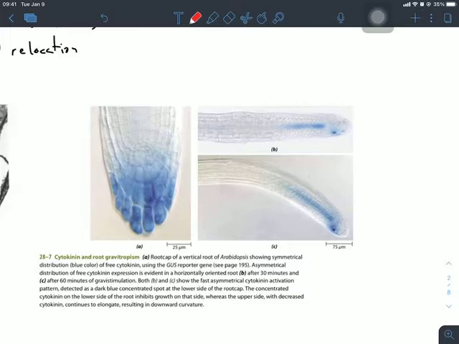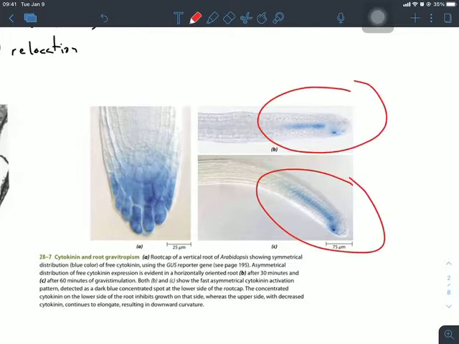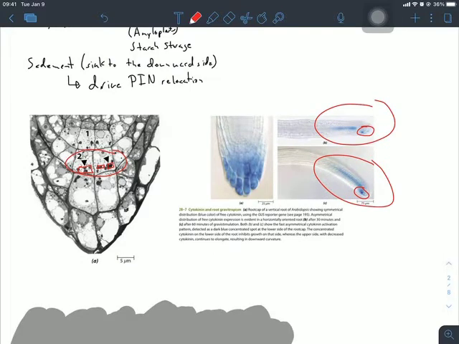And when we take a look at a root that's either early on versus later in its response to gravitropism, we see that there's a shift in the expression of cytokinins when the plant is turned over. 30 minutes later, after growth was allowed, you see that there's still high expression in the direction where the root was turning, corresponding to our synthesis and transport of auxin. So it's pretty cool that we see a concerted effort by several different hormones leading the way as to where the root should turn.